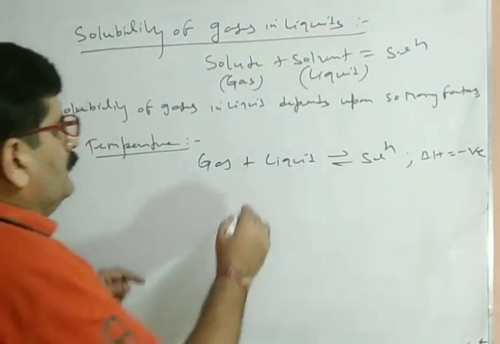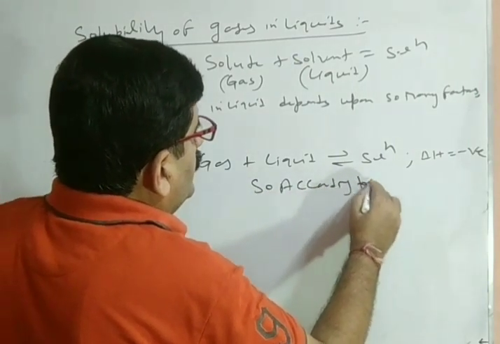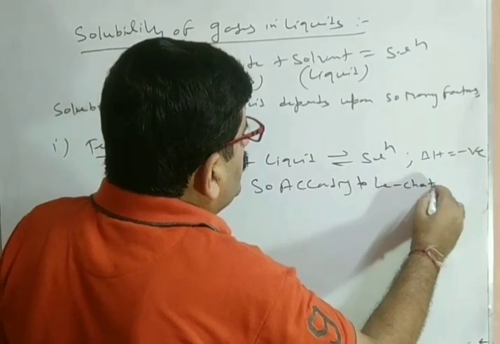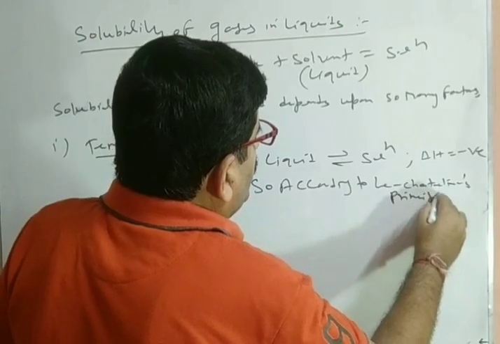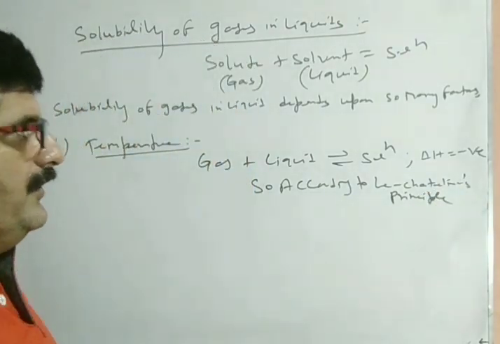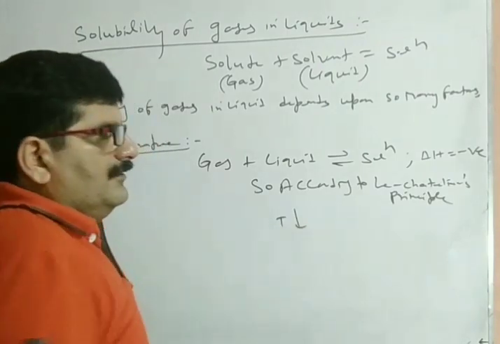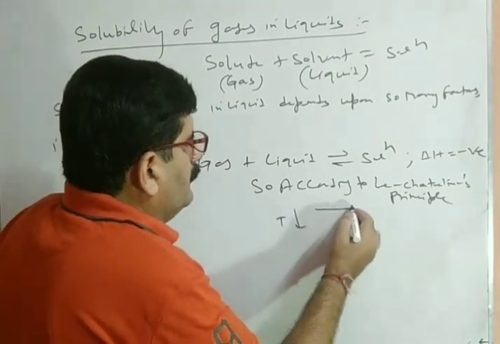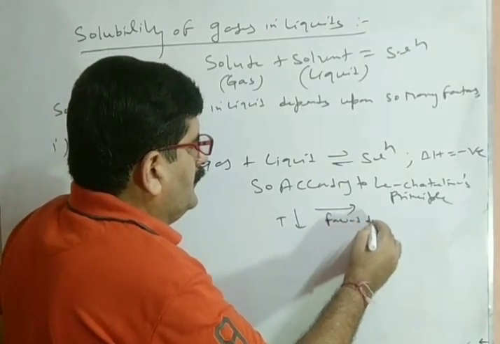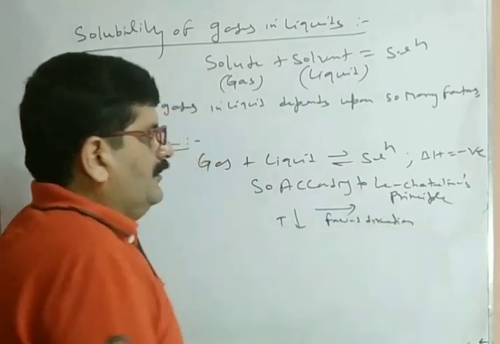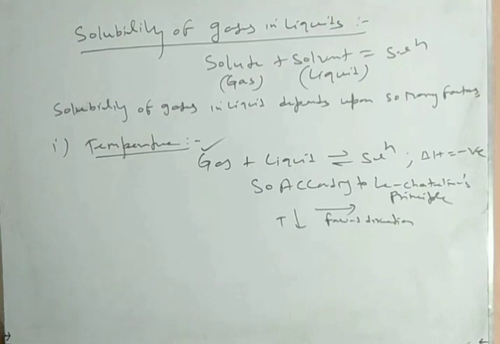So according to Le Chatelier's principle, when temperature decreases, the reaction moves in what? Forward direction, and it is easy to form such a solution.